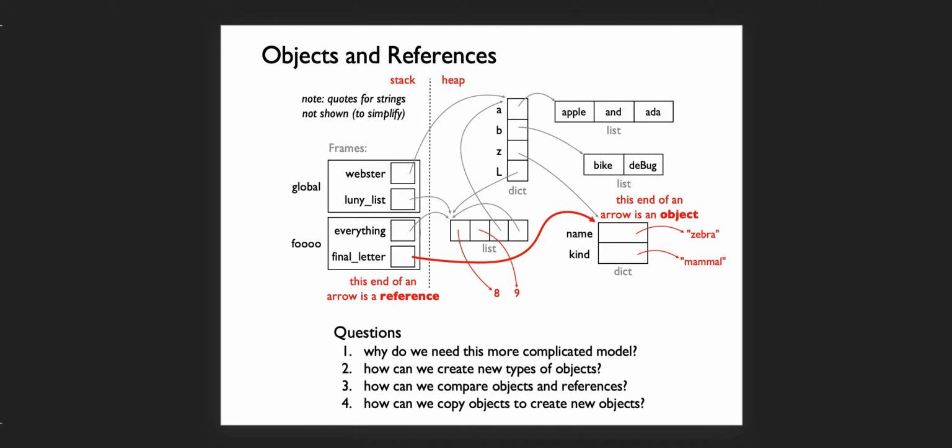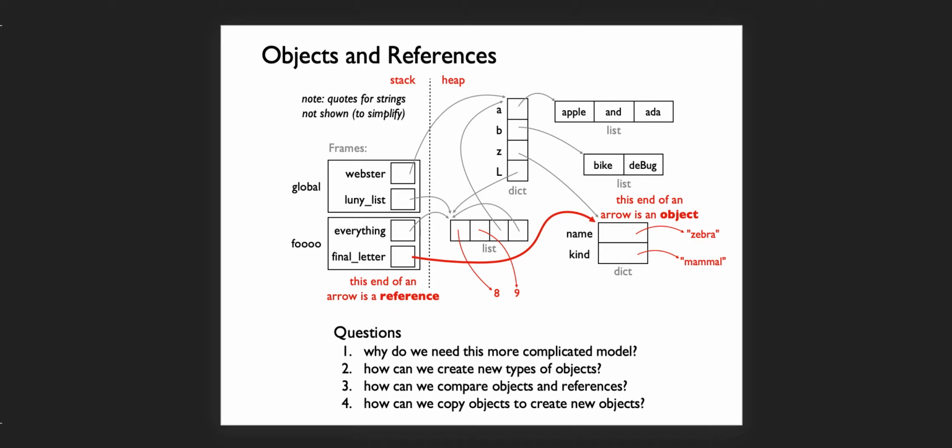Alright, we might be wondering why exactly we need this more complicated model, considering that we've been able to write Python code successfully without needing to think about objects and references. So we are going to be discussing that. We are also going to talk about how to create our own custom data types for objects.